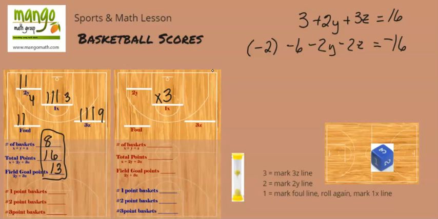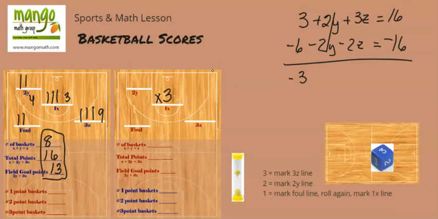So now I'm going to subtract this. I'm going to erase that -2 that I multiplied everything by. And I now have a 3 minus 6, which is -3. These cross each other out, so that's not worth anything, because it's worth 0.